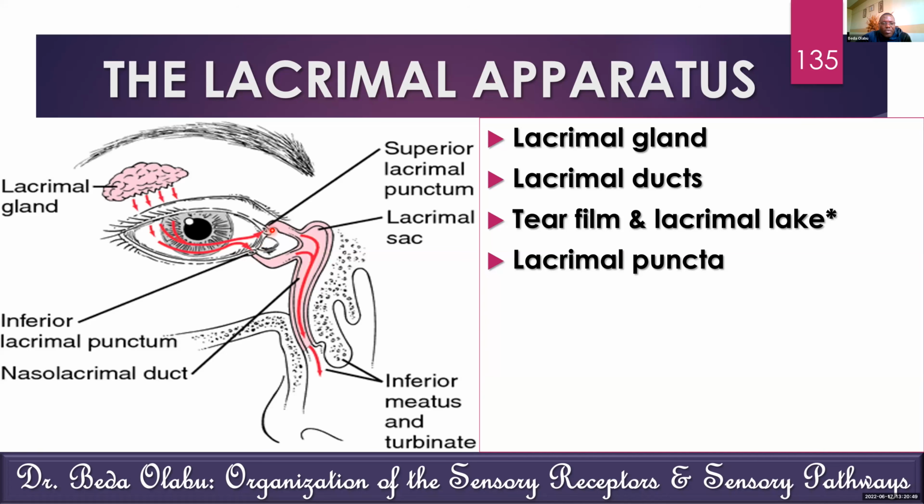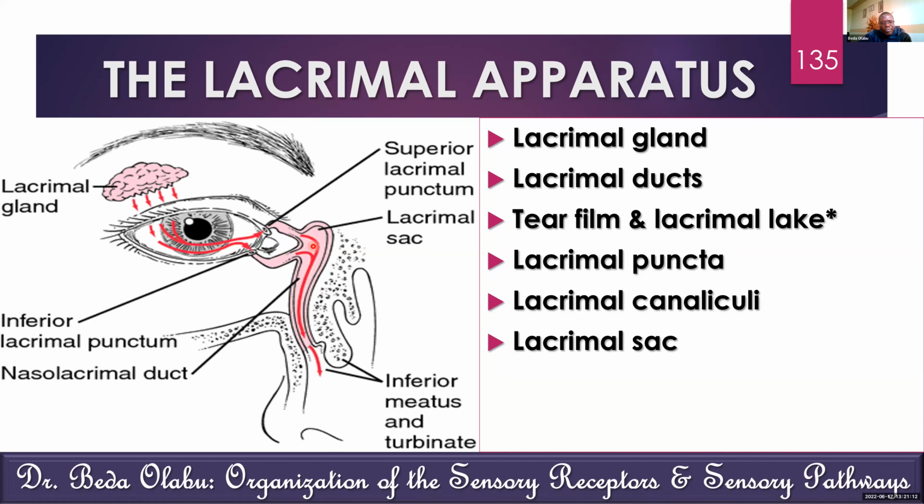The superior and inferior lacrimal puncta take tears through tiny channels, which we call the lacrimal canaliculi. So you have the inferior and the superior lacrimal canaliculus. The two canaliculi meet in a large region within the bones. You can't see it from outside. We call that the lacrimal sac. From the lacrimal sac, there's a channel that takes tears all the way to the nose.